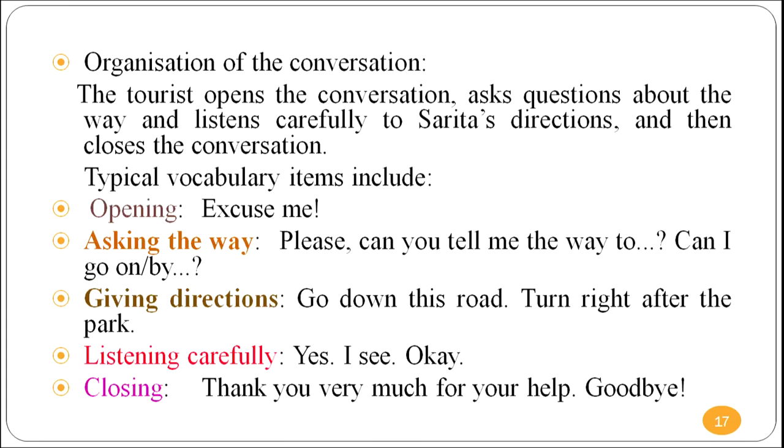That means she has to fill something. Giving directions, "Go down this road, turn right after the park." Listening carefully, "Yes, I see. Okay." Closing, "Thank you very much for your help. Goodbye." So what we saw here, that conversation leads to listening, understanding, comprehension, and then also talking.